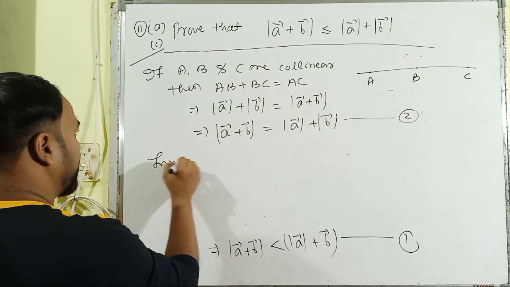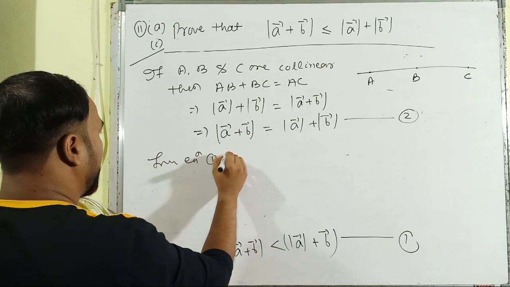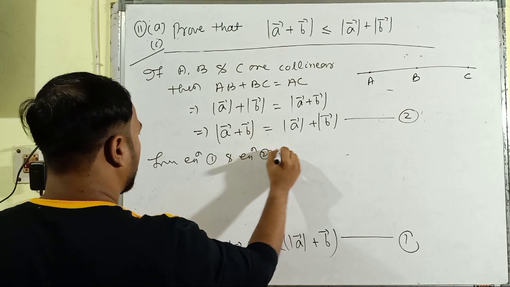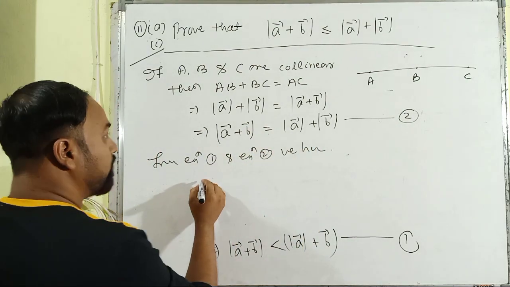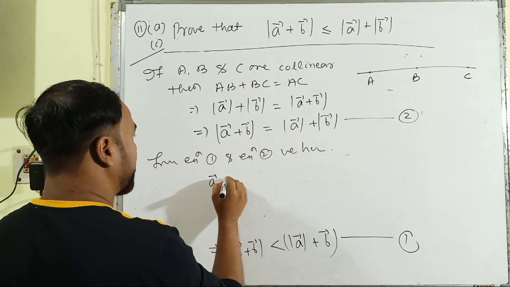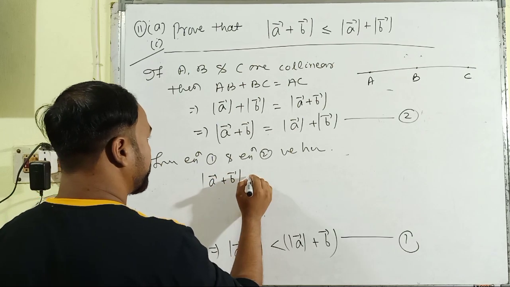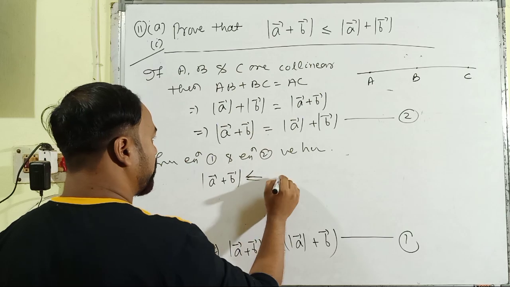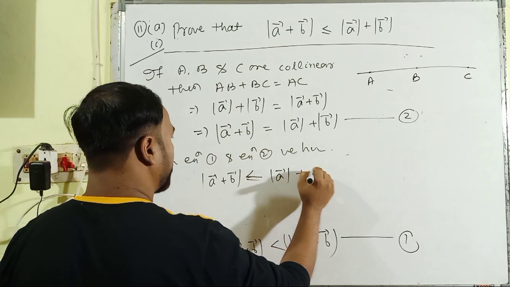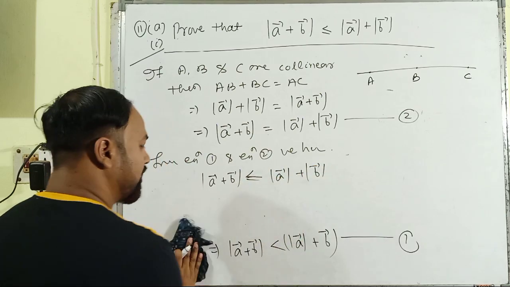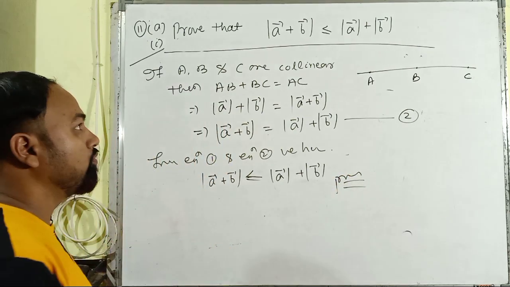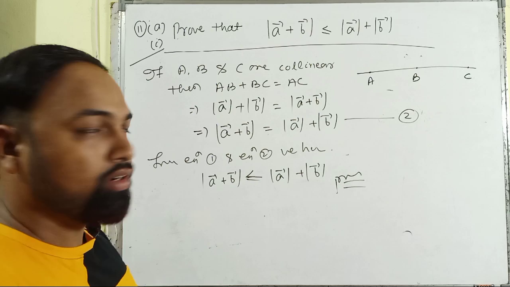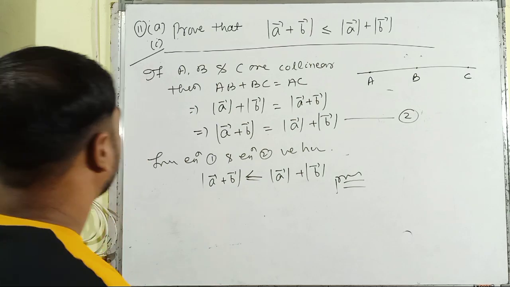So from equation 1 and equation 2, we have the required result: the magnitude of A vector plus B vector is less than or equal to the magnitude of A vector plus the magnitude of B vector, and here it is proved. So it is all about the proof of the first bit of number 11, bit A.